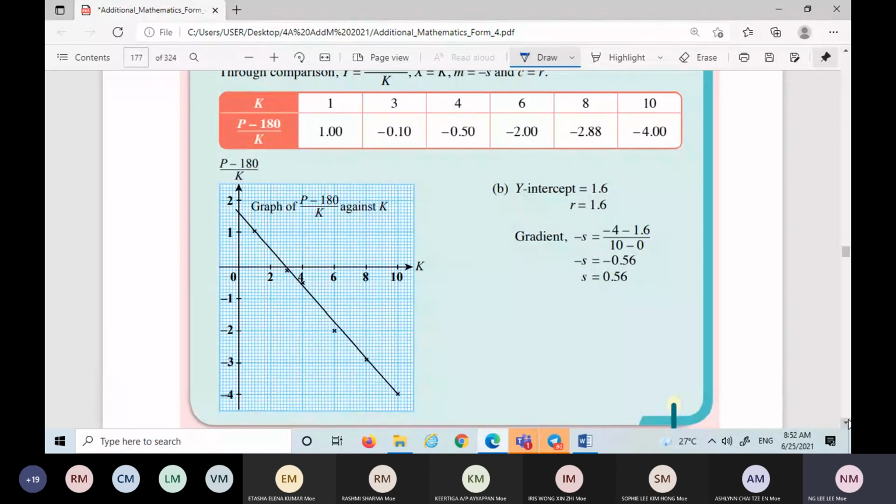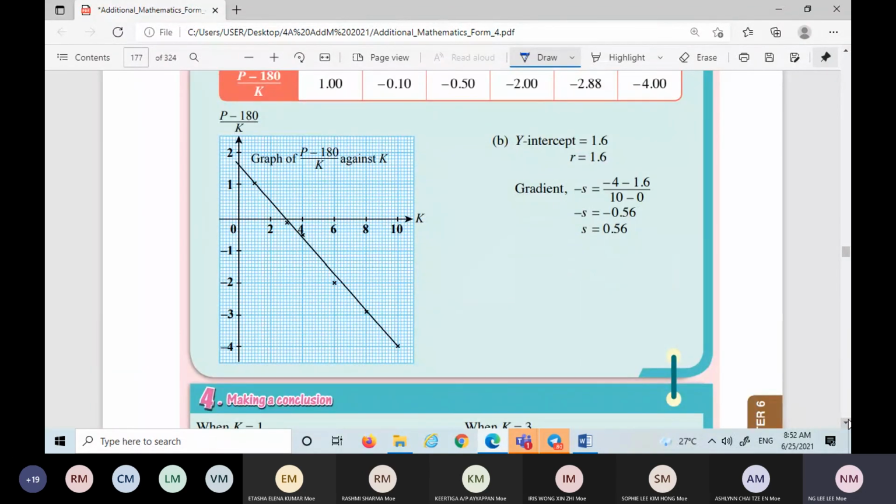So you have a table, you have the linear form done. Then plot the points, and then extend, and cross the capital letter Y axis. They also give you the scale, so follow the scale given.